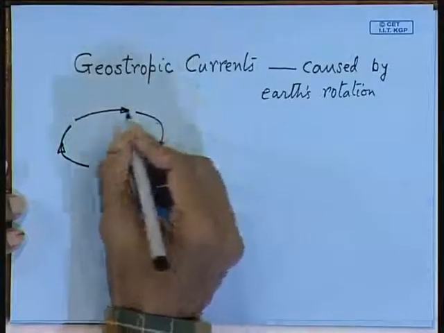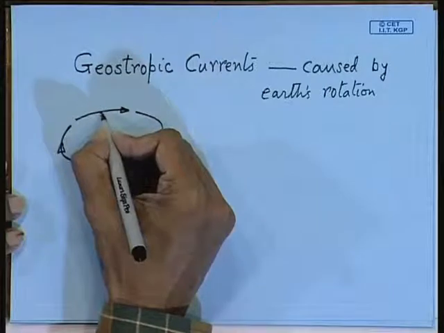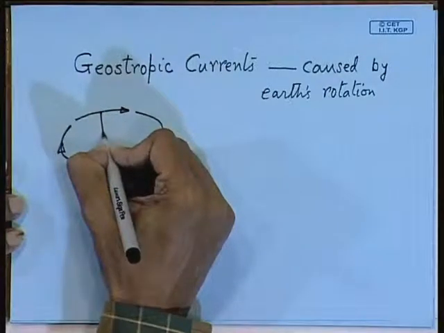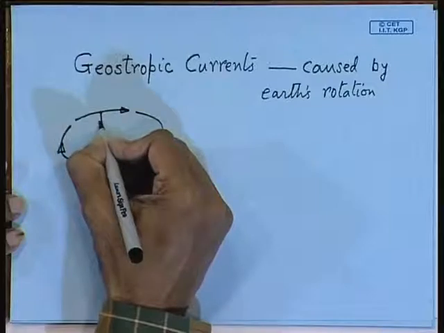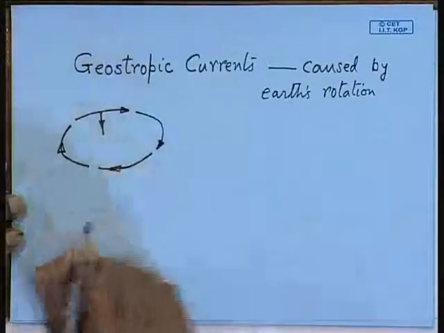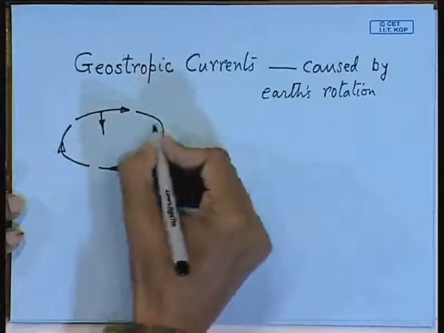Now, what I was talking about is the other one, that is the wind gyre. So, what should be the direction of the net water movement? So, obviously, your net water movement will be perpendicular to the direction of the wind. So, it will come in this direction. Now, this gyre is a closed loop.